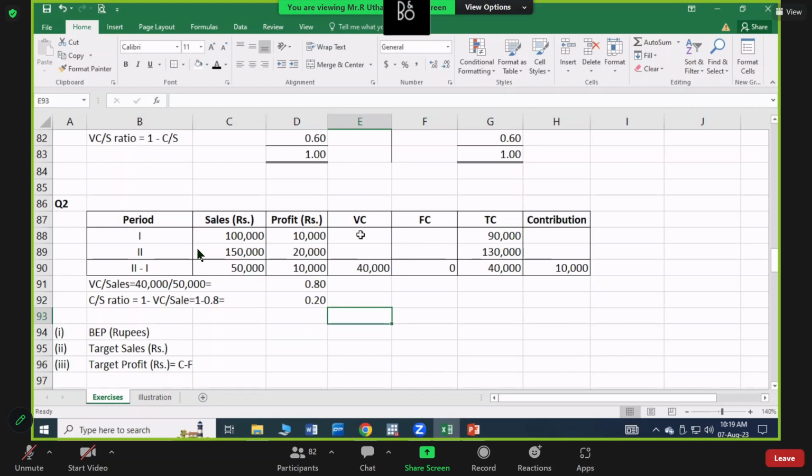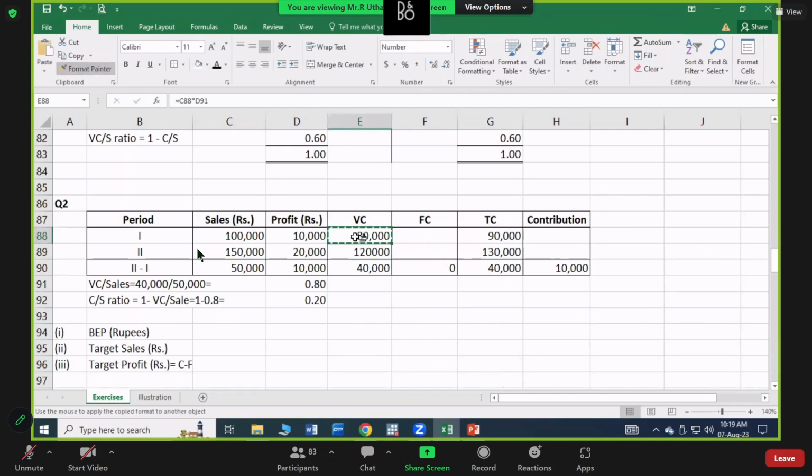So you take that 80% of the sales become a variable cost. So for this, you can calculate 80,000. For this, you can calculate 120,000.